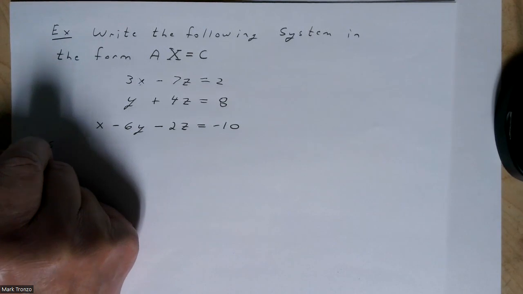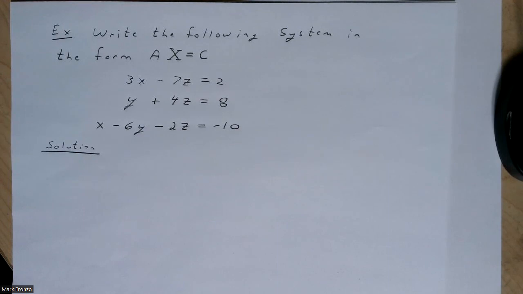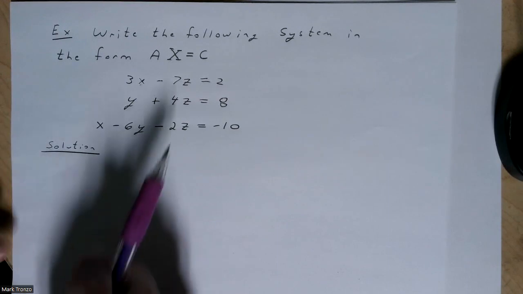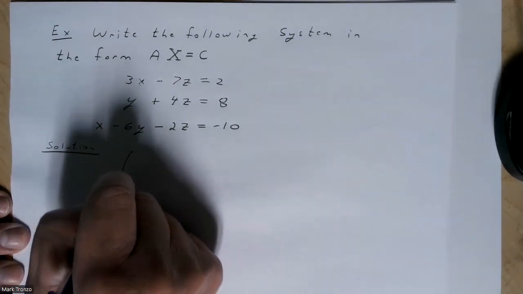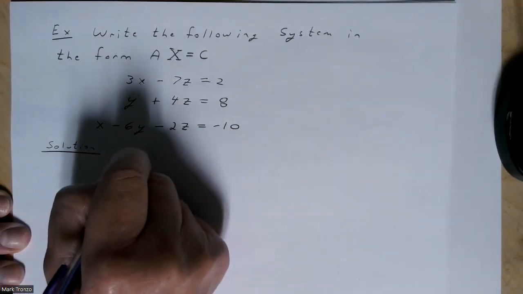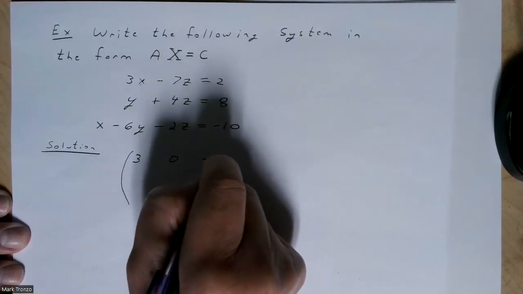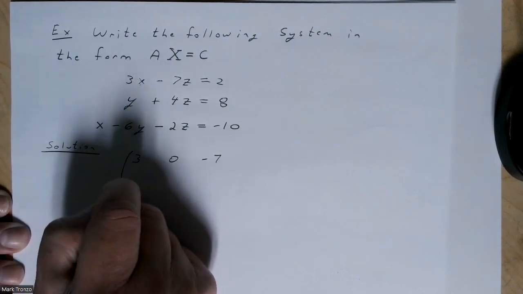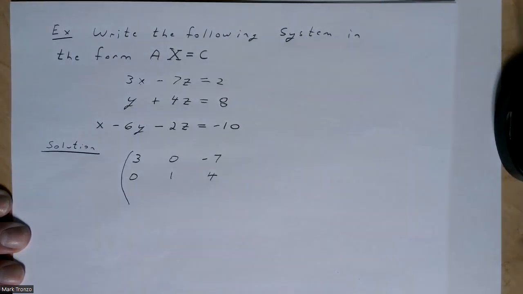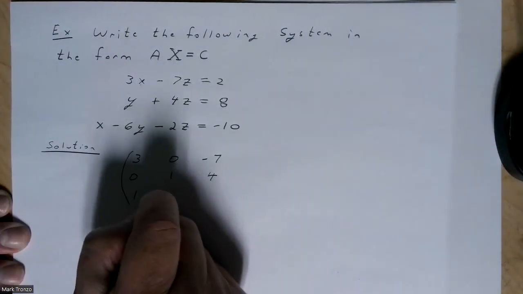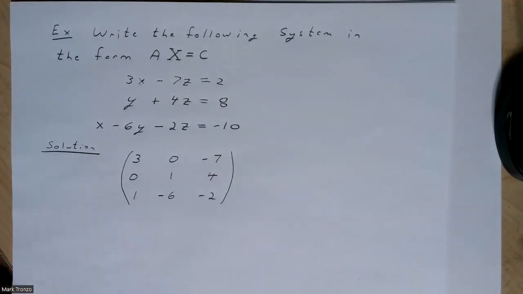We can do it in a similar way as the last example, except notice up here we don't have any y's. So when we're factoring this out, you'd have to think of this as being 3x, 0y, minus 7z; 0x, 1y, 4z; 1, minus 6, minus 2, like this.